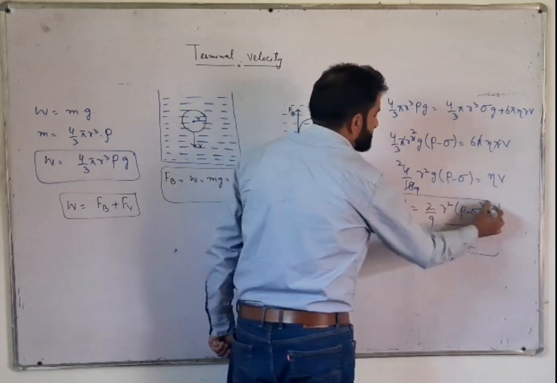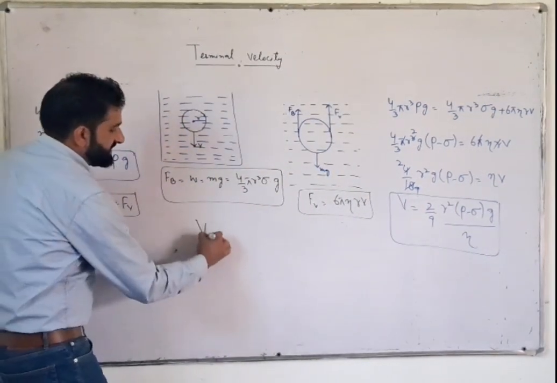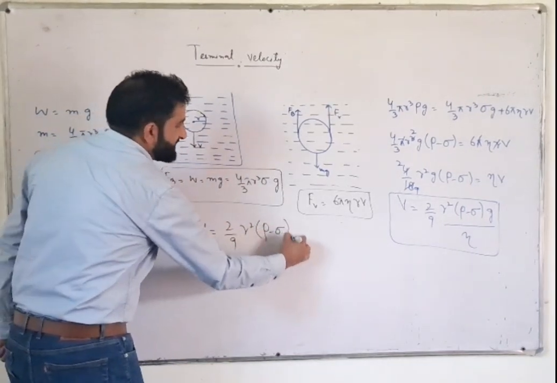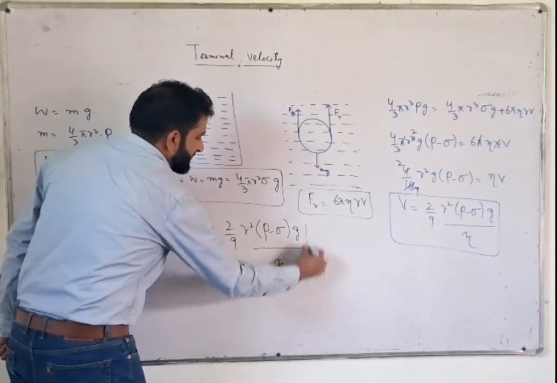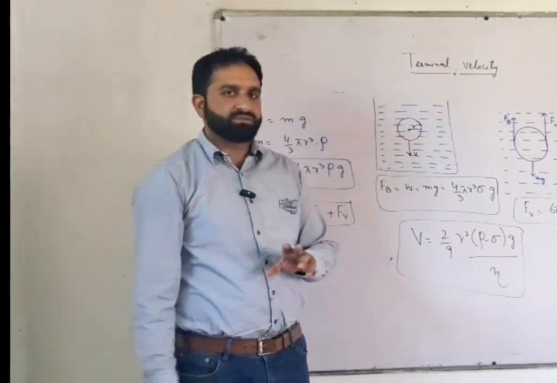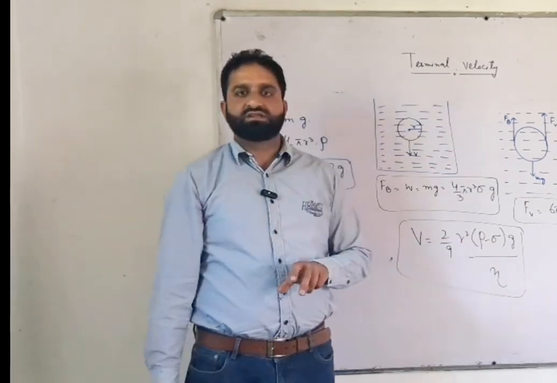This is the expression for the terminal velocity: v is equal to 2 by 9 into r square into rho minus sigma into g divided by eta, where eta is the coefficient of viscosity, r is the radius of the spherical ball, rho is the density of the body, and sigma is the density of the liquid.